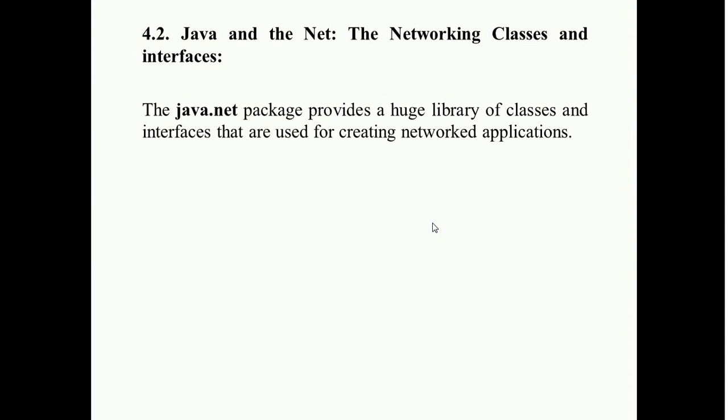The next point is Java.net. In that we will see networking classes and interfaces. The java.net package provides a huge library of classes and interfaces that are used for creating a networked application. Means for creating a network application we use the java.net package.